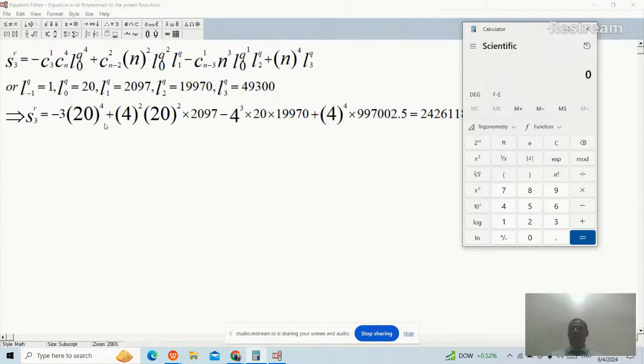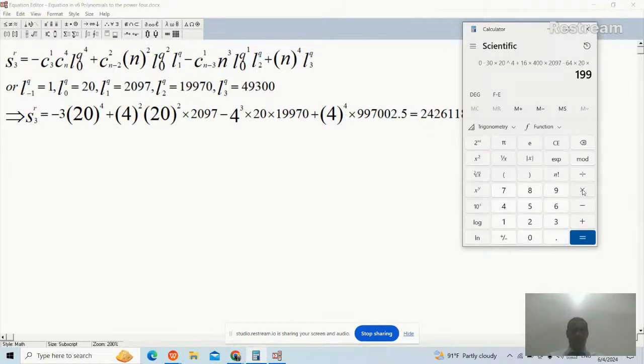I will write negative 3 times 20 raised to the power 4. Plus 4 squared is 16, times 20 squared is 400, times 2097. Then minus 4 cubed is 64, times 20, times 19,970.